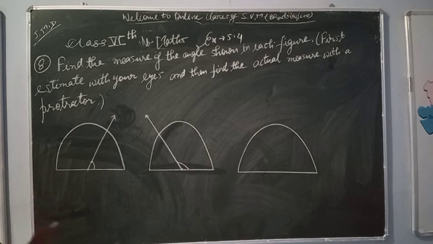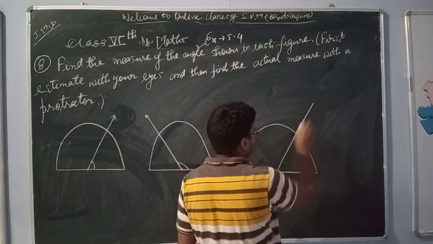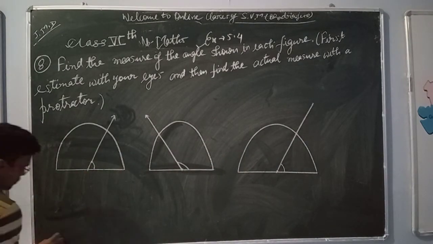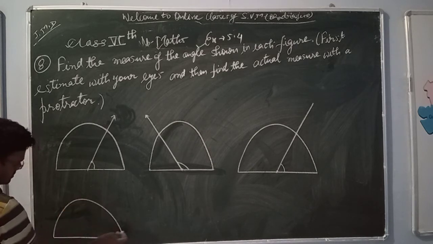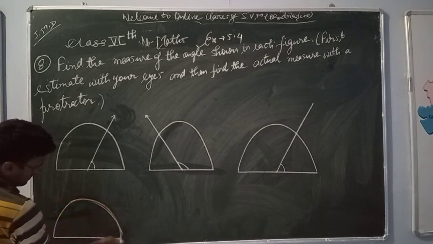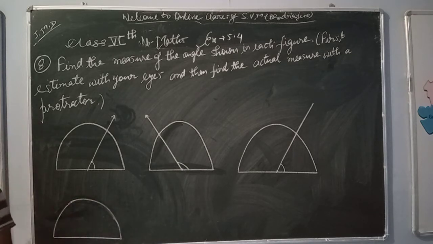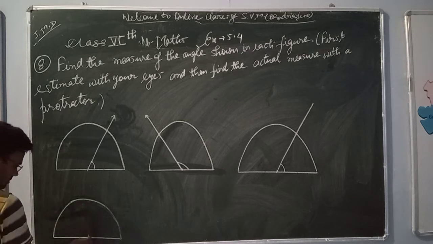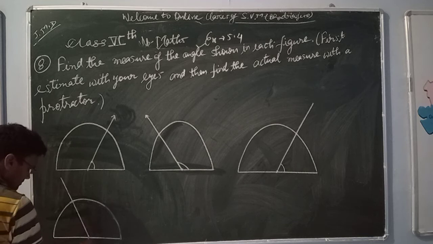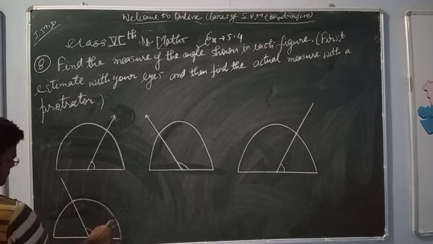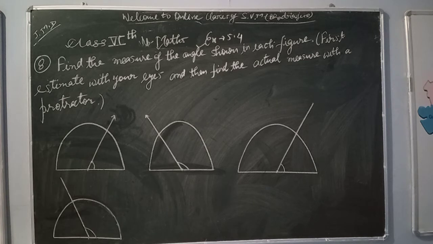First line is this one, and the third one is also in this way. And the fourth one is like this. What we are seeing over here is our angle. Now we are given these four figures.